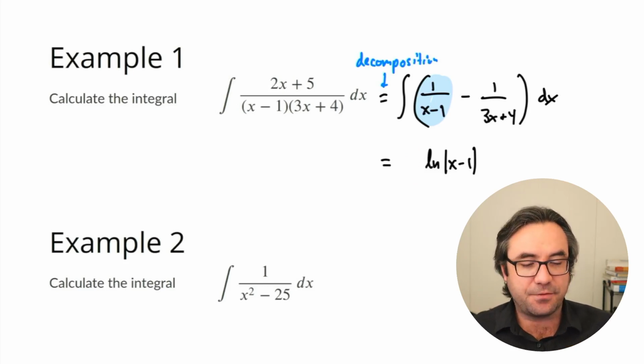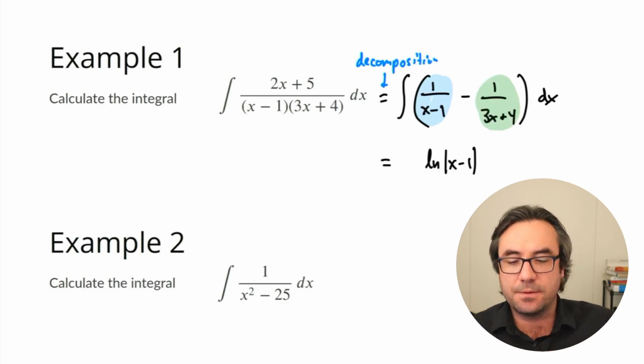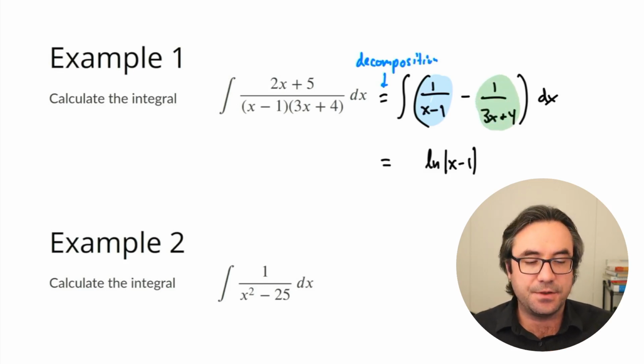Now for our second fraction, the 1 over 3x plus 4, same kind of deal. This is a linear term, 3x plus 4, and this is just that 1 over kx plus d form. So when we integrate, the minus sign will stay where it is.